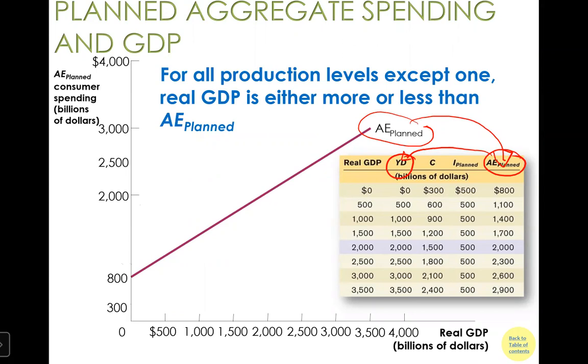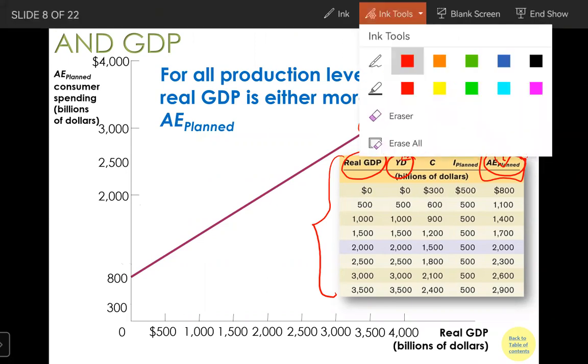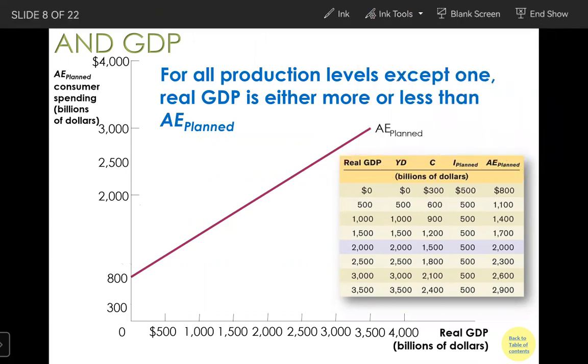Now, if we inspect this table, you should notice there is only one row in which you see real GDP equal to aggregate planned expenditure. There's only one row, right? By the way, this is this row.